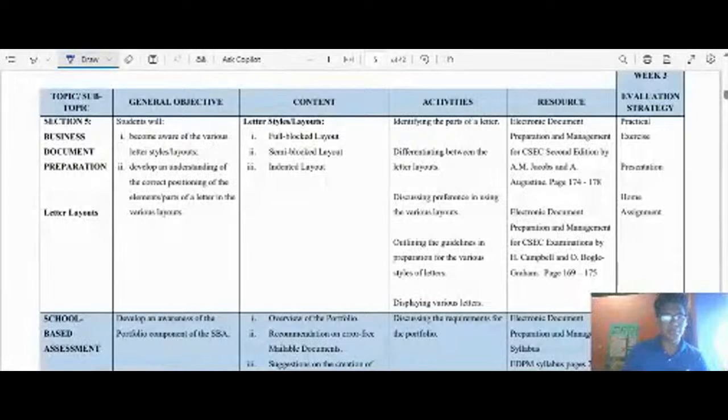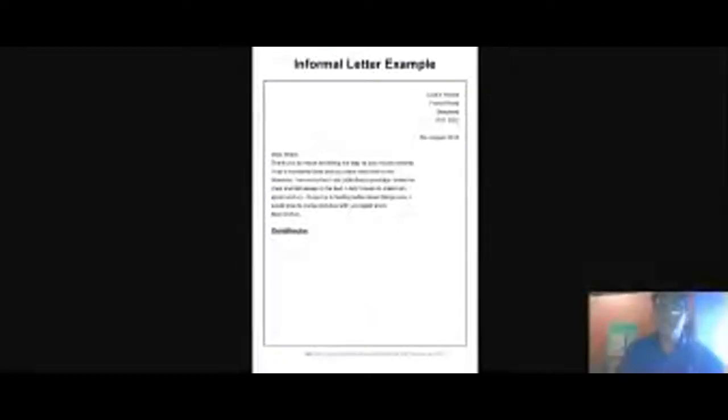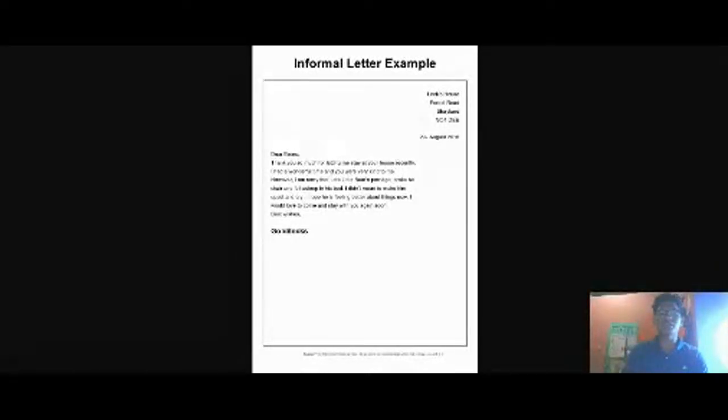Let me go into one example so I can show you guys what's going on here. The example up on the screen right now is a semi-block. This type of layout is known as semi-blocked.